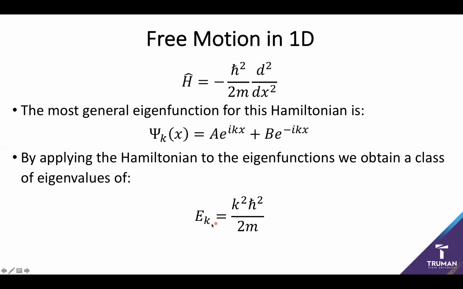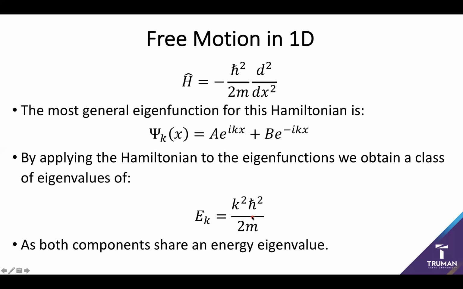And one of the reasons why we have a single eigenvalue is that both of these components, e to the ikx and e to the negative ikx, share the same energy eigenvalue. This is kind of a fun thing: you can essentially sum up any set of functions that share an eigenvalue to generate a more general description of potential eigenfunctions for an operator.